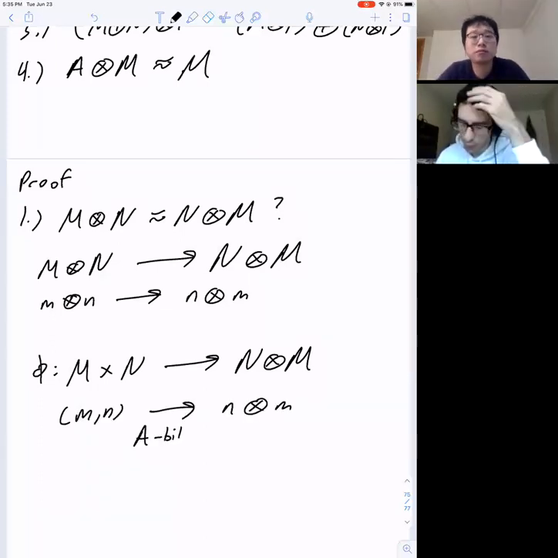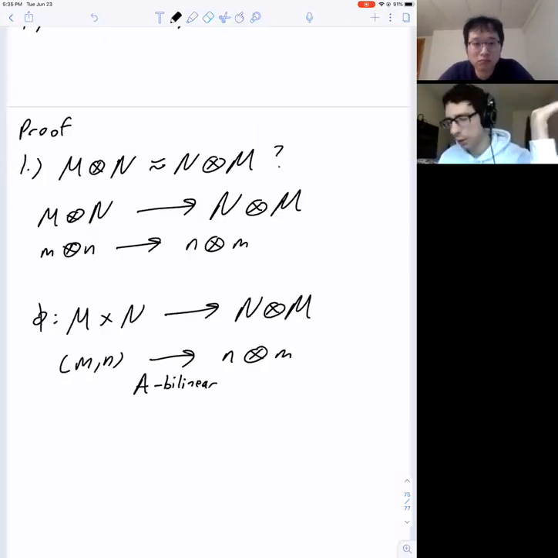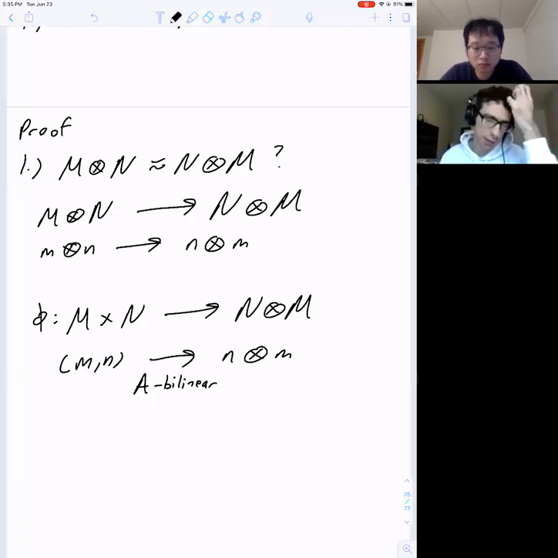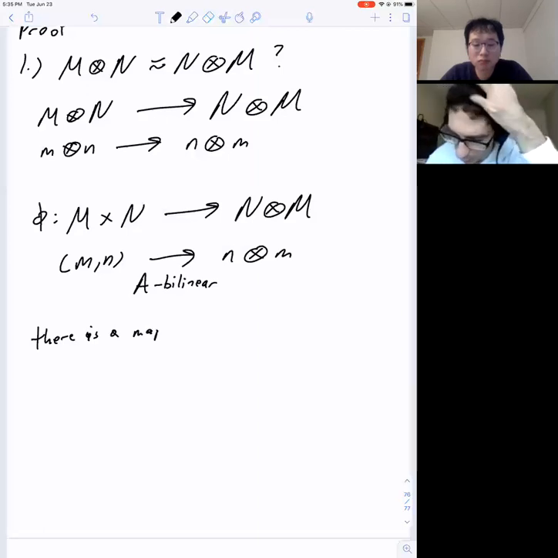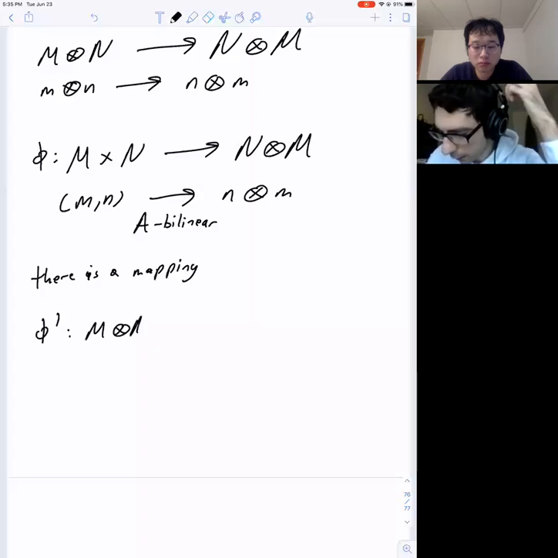So the natural mapping from M cross N to N tensor M, mapping M comma N to N tensor M, is in fact A bilinear. This follows precisely from the construction of the tensor product. And so there is a mapping, I'll say phi prime, from M tensor N to N tensor M.